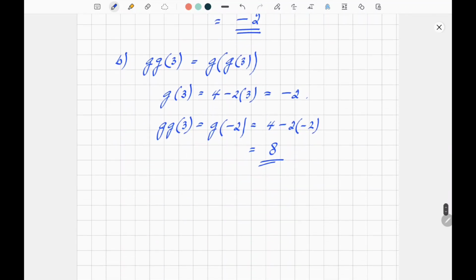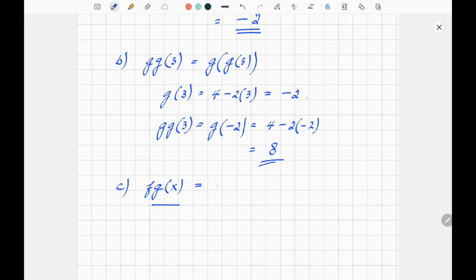Right. Final part of the question. Simplify the expression for f g of x. And let's see what we get from here. So effectively, we want to do the g of x first and then put that into f of x.